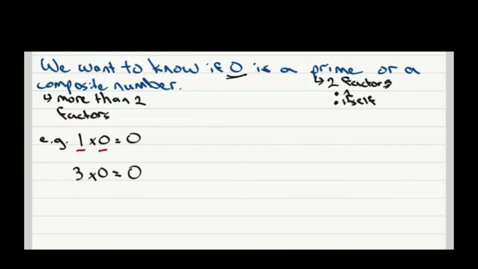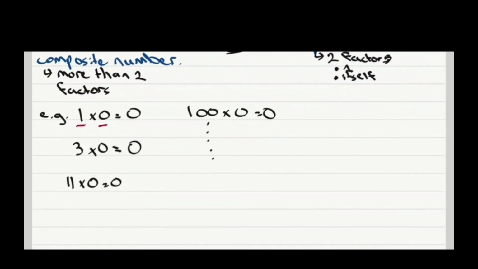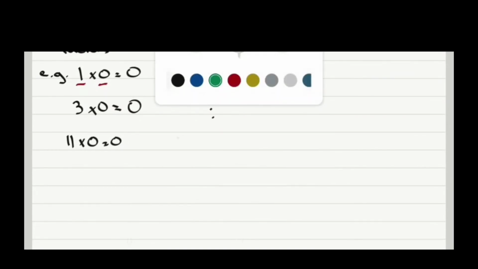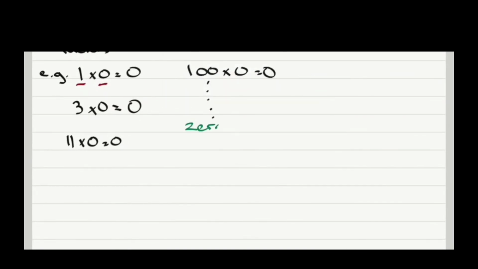How about 11? 11 times 0 equals 0. The same applies again. 11 and 0 are factors of 0. Let's try 100. 100 times 0 equals 0. 100 and 0 are factors of 0. As we can see, this logic can be applied for many other numbers. So from this, we can conclude that 0 has an infinite number of factors.